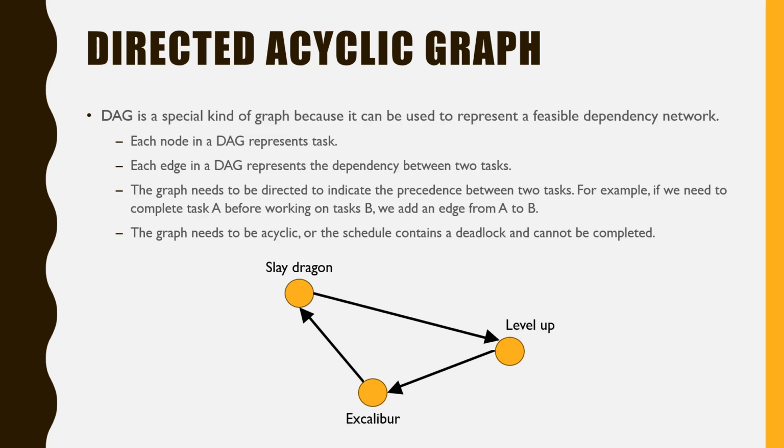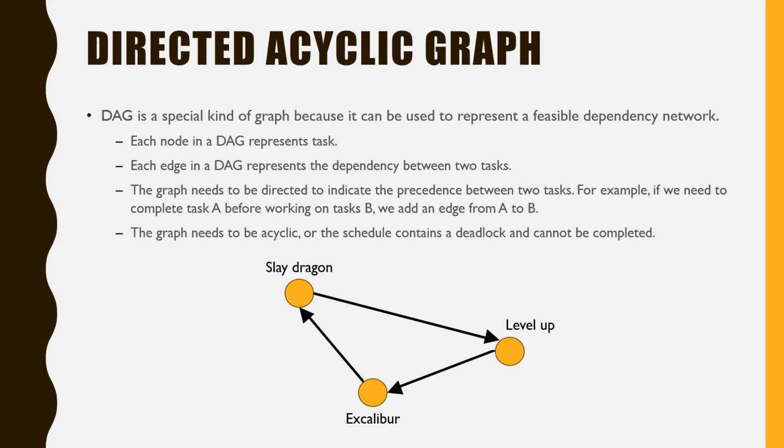A DAG is a special type of graph that effectively represents feasible dependency networks. In this representation, each node corresponds to a task, and each edge indicates the precedence dependency between two tasks.